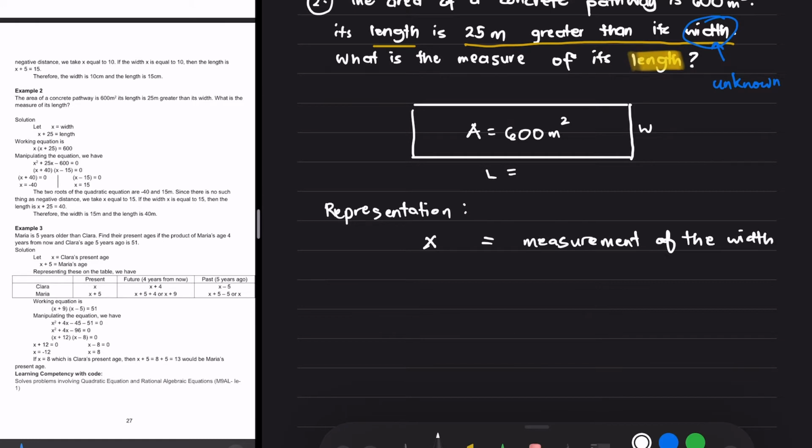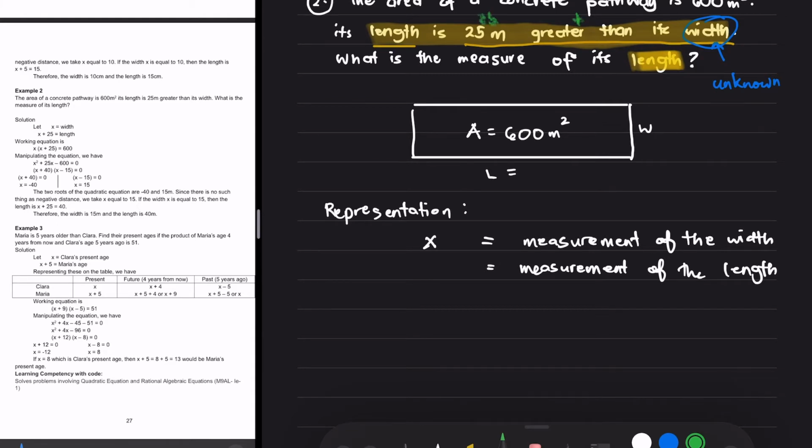Tandaan na, yung length natin, measurement ng length. Basahin natin yung problem. Sabi dito, length is 25 meters greater than its width. When we say greater than, that means plus.